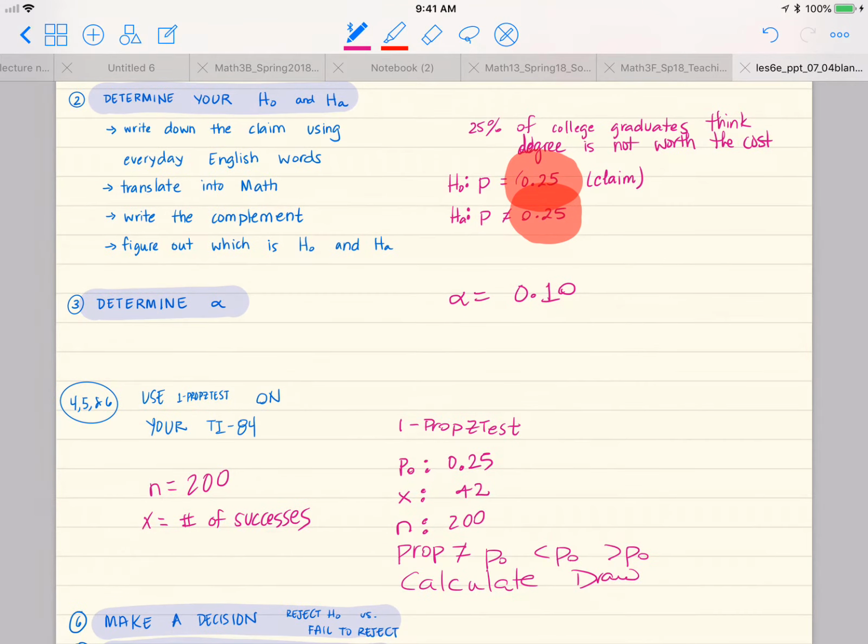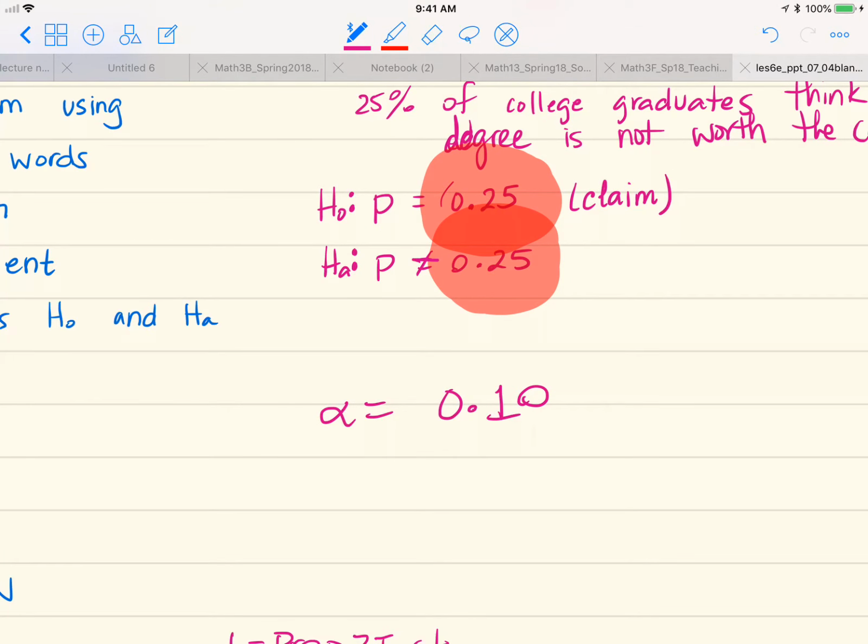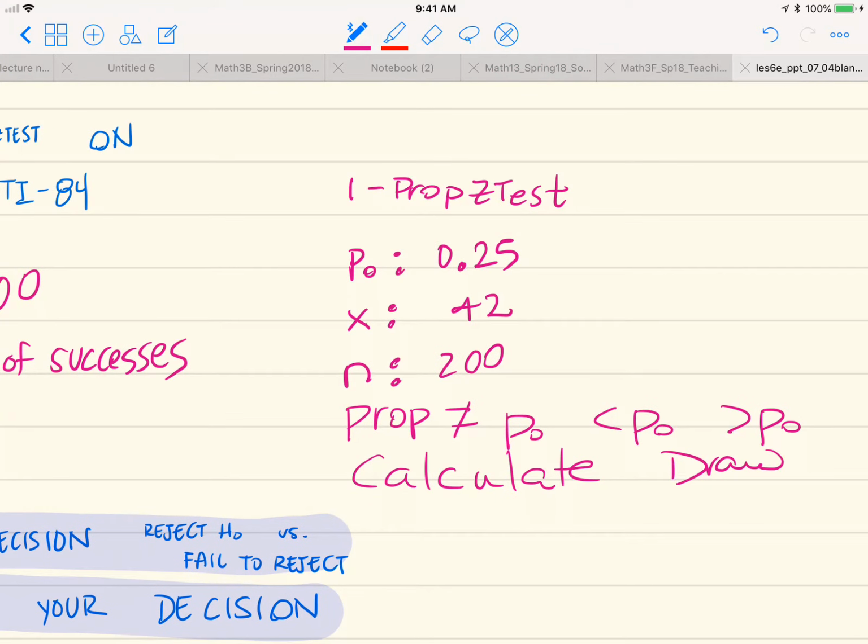To determine what I select for my alternative hypothesis, let's look back here. It looks like I had P is not equal to. So I'm going to select this first one here, the not equal to button. All right, let's see if we can calculate this. So my X I said is 42, N is 200, and I'm going to use not equal to, hit enter, and then go to calculate, hit enter.